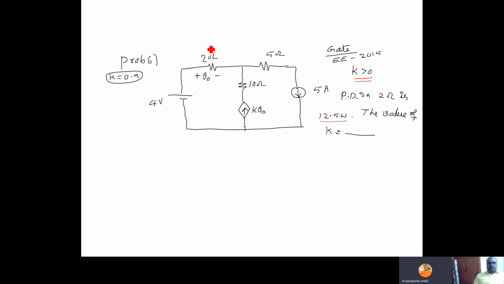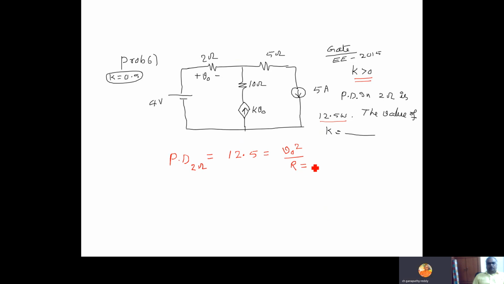Now, what is the power dissipated in the 2 ohm resistor? It is given as 12.5 watts. That is equal to, you can use I square R or V square by R. V naught square by R we can do.